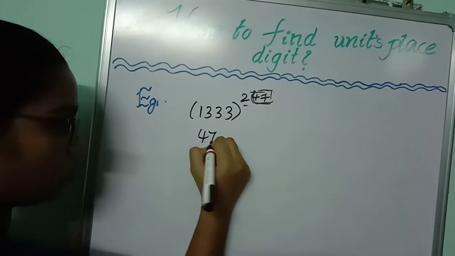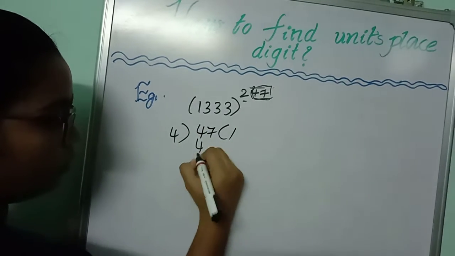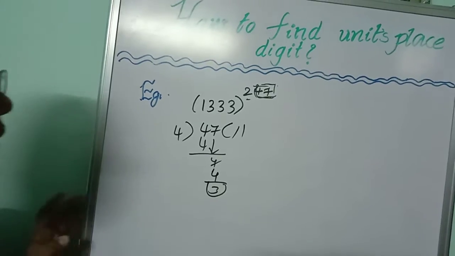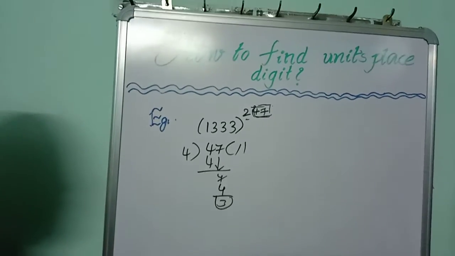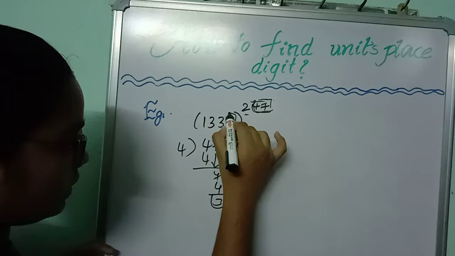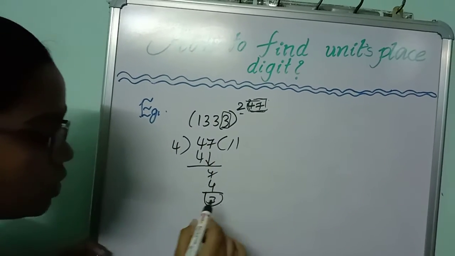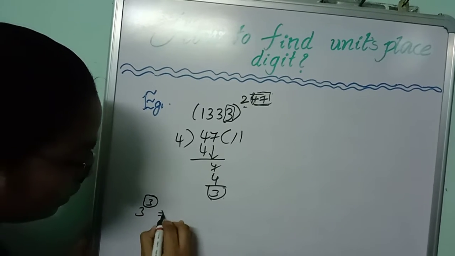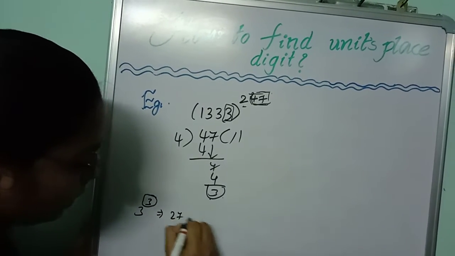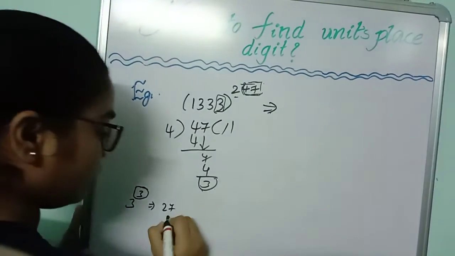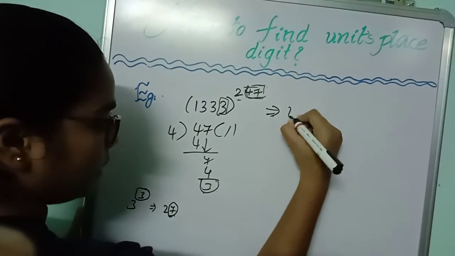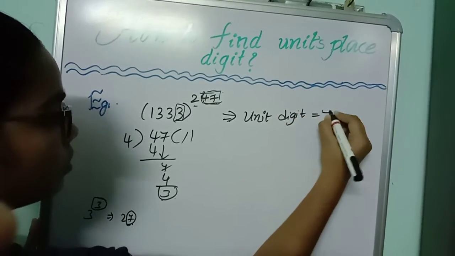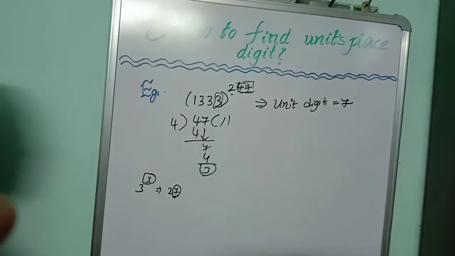So I am taking the last 2 digits, 47. The remainder is 3. The last digit is 3 and the remainder is also 3, which means 3 cube. The unit digit of 3 cube, 27, is 7. So the unit digit becomes 7.